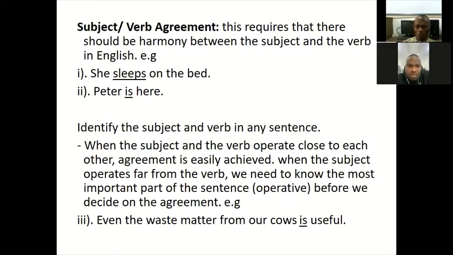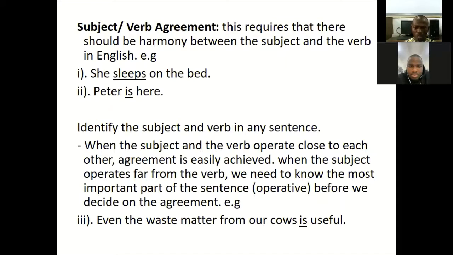And our major problem too is being able as students to identify subjects and even verbs in the sentence. That is not supposed to be a problem. We know too well that whenever there is a closeness between the subject and the verb, it is easy for us to identify.